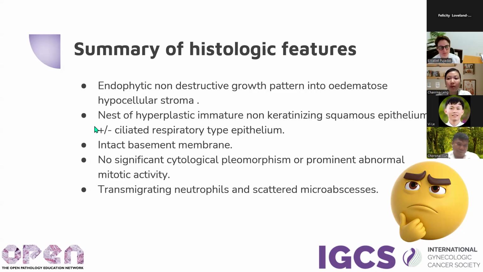The basement membrane is intact and there is no evidence of invasion. We didn't see any cytological pleomorphism or prominent abnormal mitotic activity. The associated signs are neutrophils and scattered microabscesses.